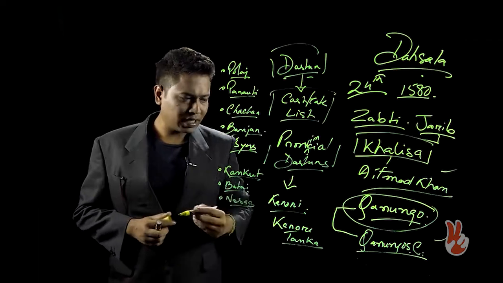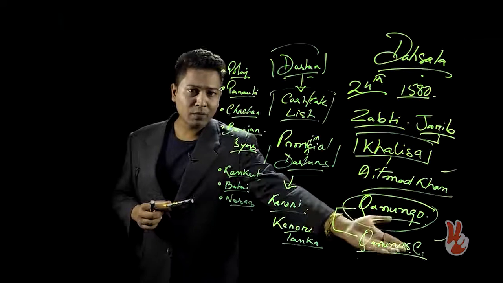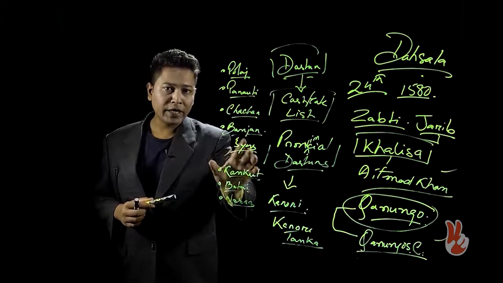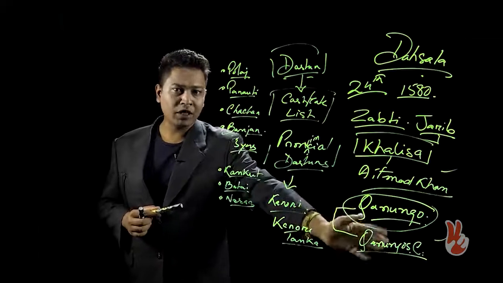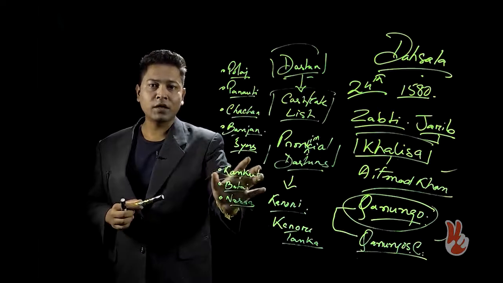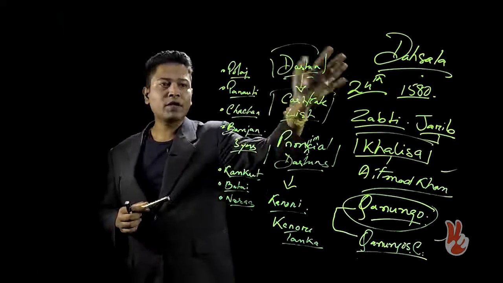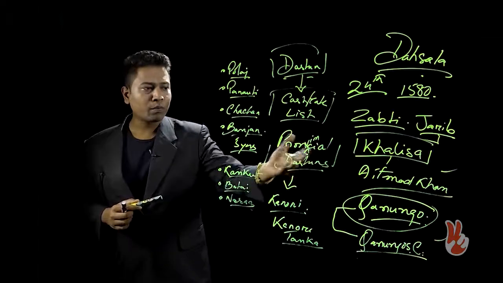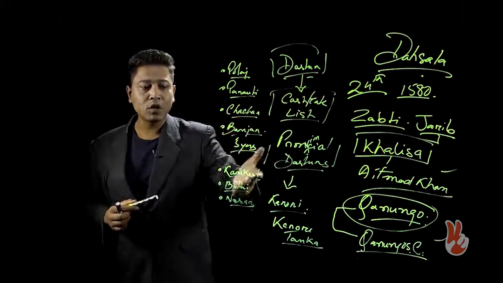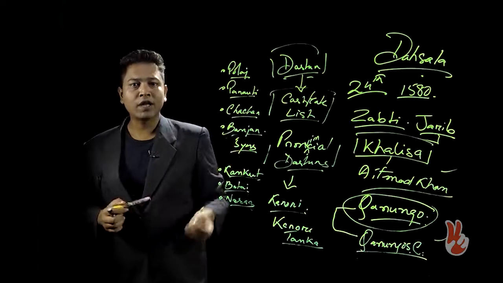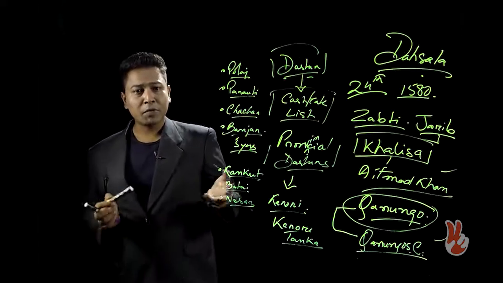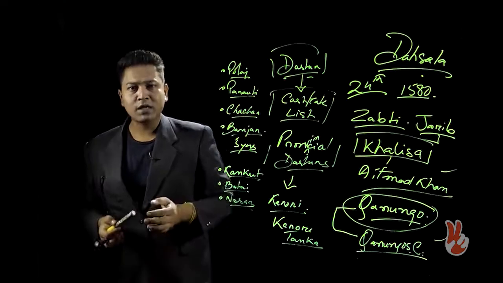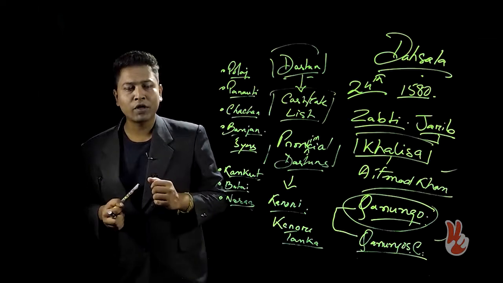So, we see that Kankut was the method of assessment during the Kanungo experiment, and this method of assessment persists even after the institution of the Dahsala system. Certain areas might say, we would not be paying according to the Zapti system, we will be paying according to the Kankut system, and it might be favorable taking in view the grassroots circumstances of that particular area.